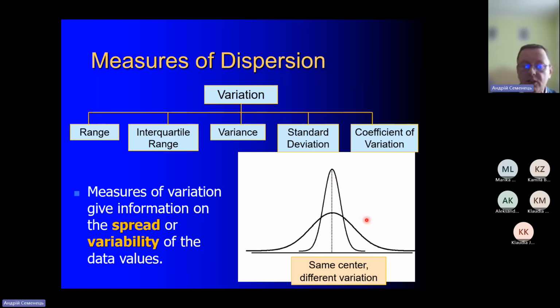We see two symmetrical distributions. In both cases, the mean, the arithmetic average, and the median will be the same, but we have absolutely different variation for these two data sets, as depicted by the frequency plot.